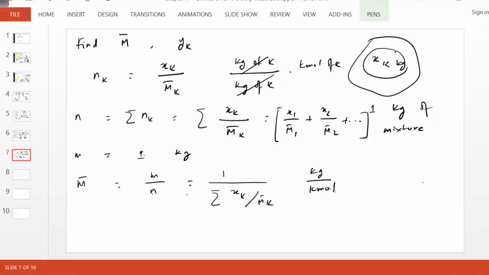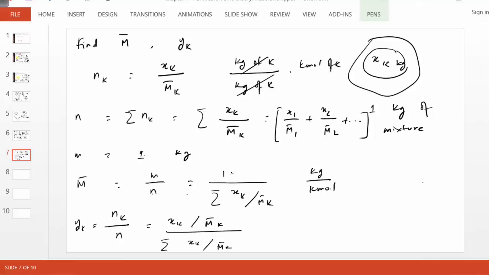And the expression for yk, which is mole of K by total mole. Mole of K, we have an expression xk over m bar k, divided by the summation of xk over m bar k.